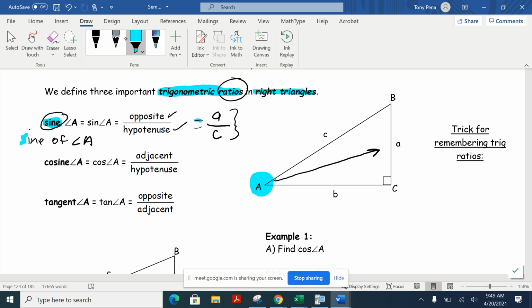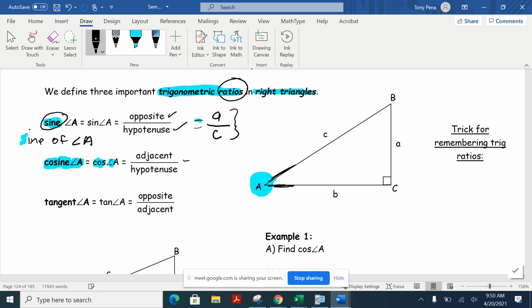When you see the word cosine, it's a different ratio for a particular angle. So if you see this little abbreviation that just means the cosine of angle A, that means you're going to look at angle A again. And notice how it says adjacent. Notice how a minute ago I just said angle A actually has two adjacent sides, right? Isn't this an adjacent side to angle A and this the adjacent side?